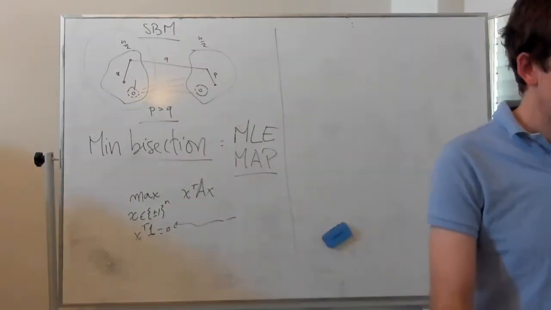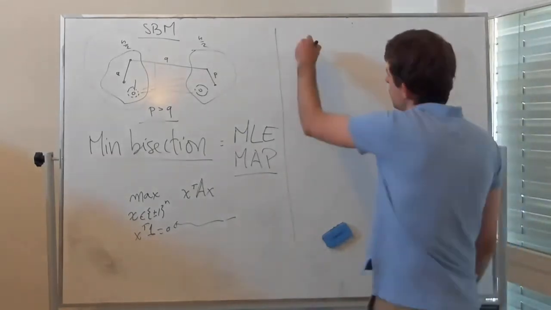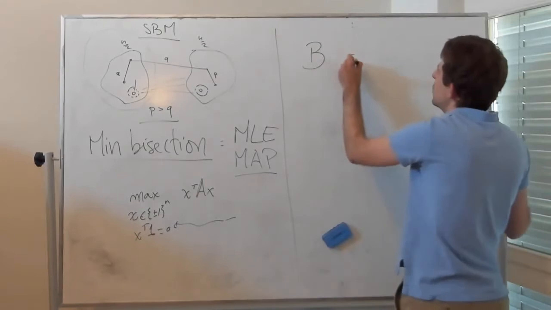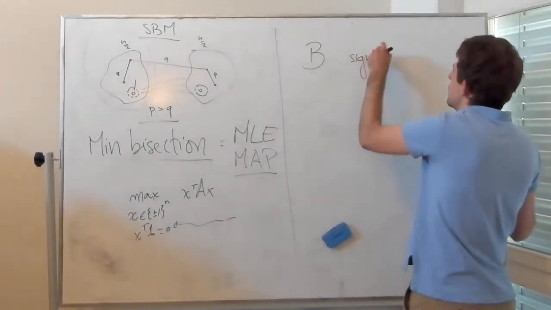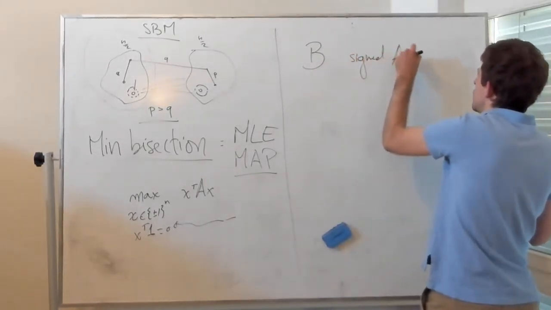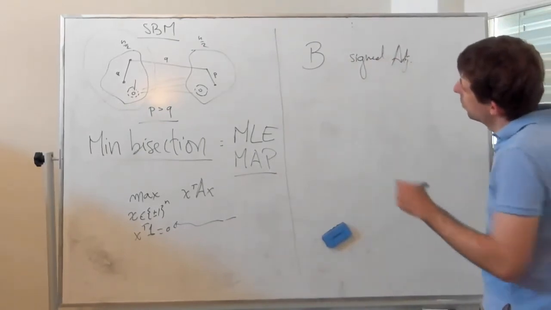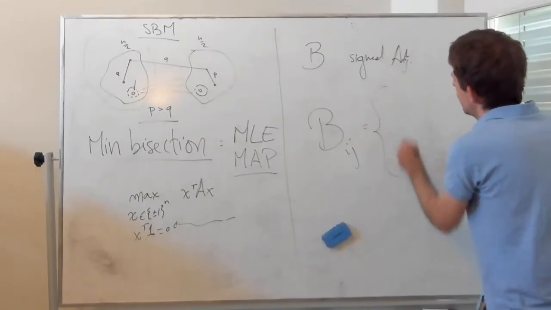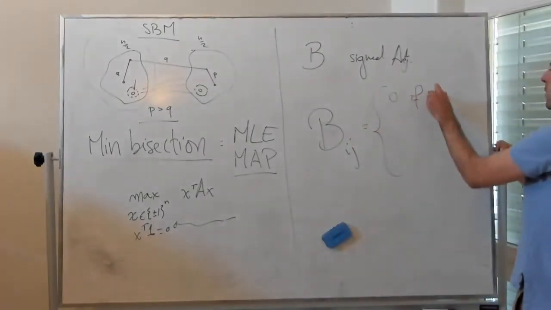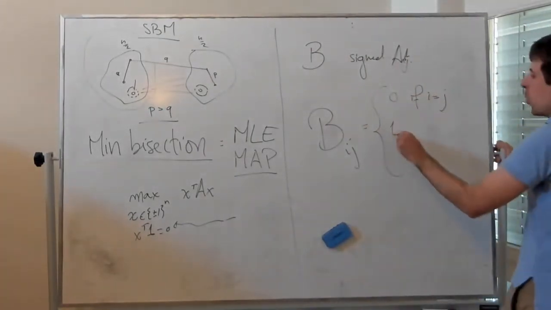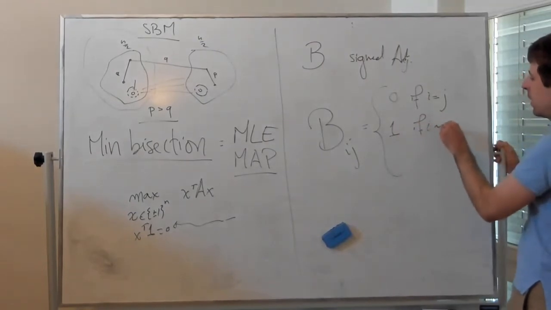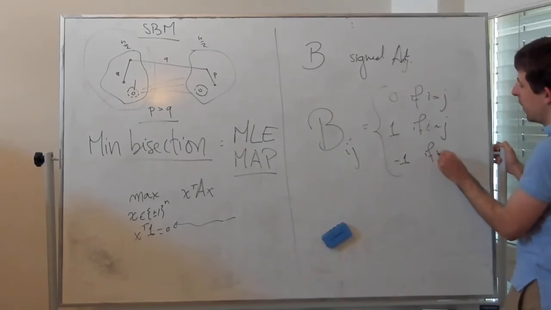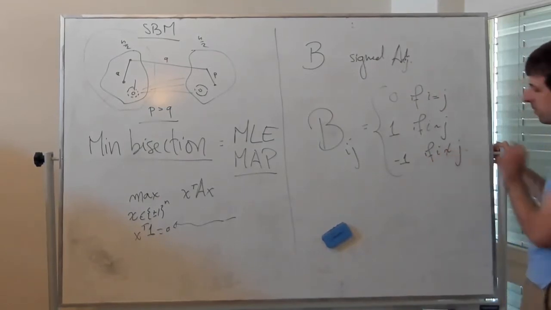To make things as simple as possible, we're going to define the signed adjacency matrix. So B will be some signed adjacency matrix, and we'll have Bij be 0 if i is equal to j, 1 if i is connected to j, and minus 1 if i is not connected to j.